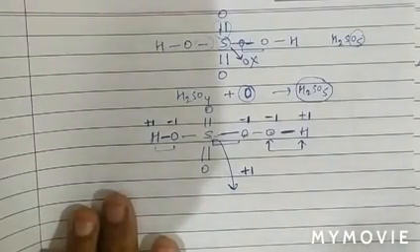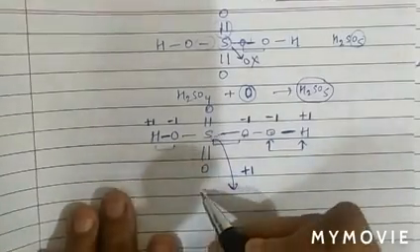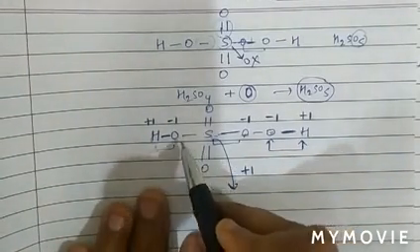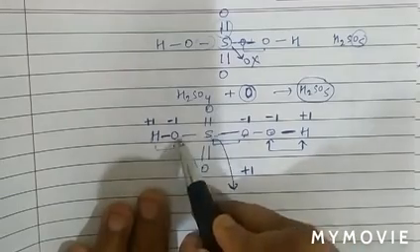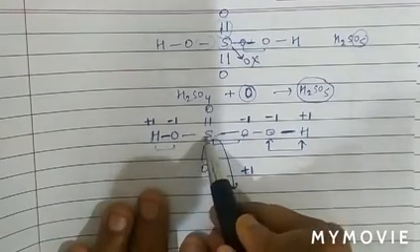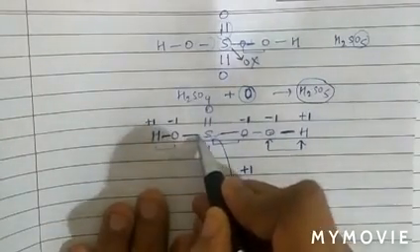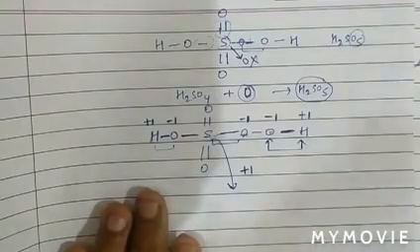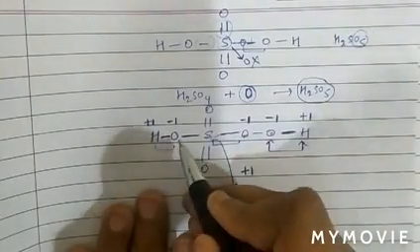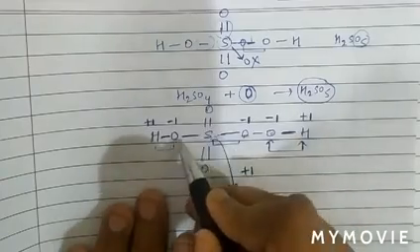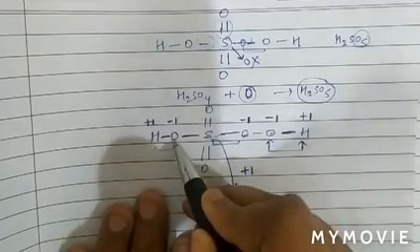charge. Now again see in this case the pair of sulfur and oxygen, a different pair. So for a different pair there is sharing of oxidation number. Oxygen and sulfur have different electronegativity, oxygen is more electronegative.